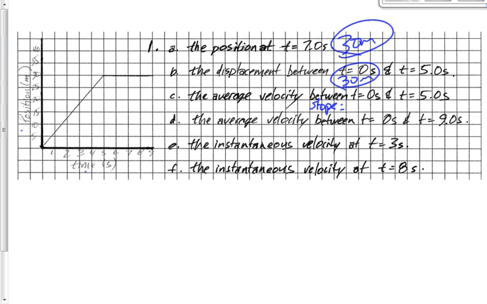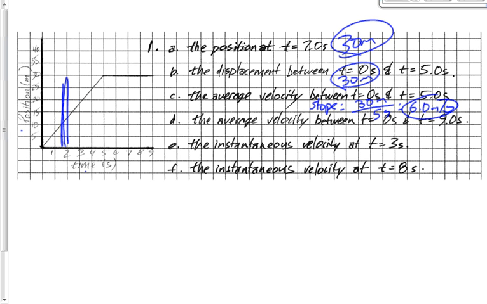What's the rise between 0 and 5 seconds? How much does it rise here between 0 and 5 seconds? Derek? 30 meters. How much does it run there? How much to the right does it go, Derek? 5 seconds. 30 divided by 5 is going to give me 6.0 meters per second.